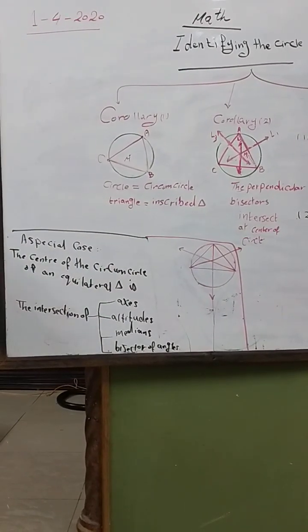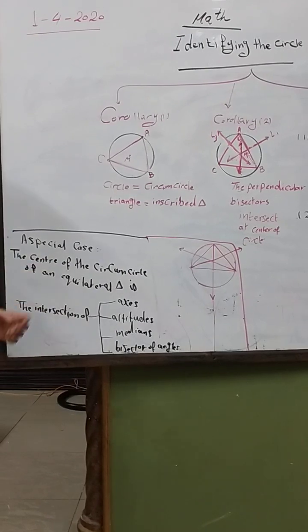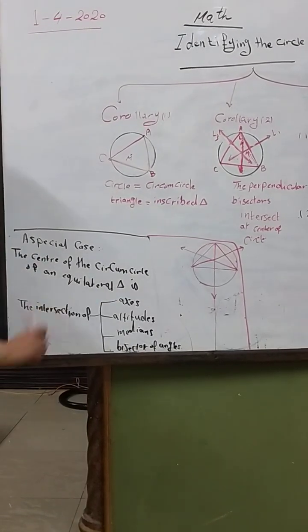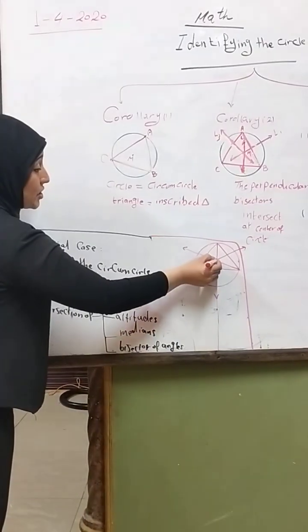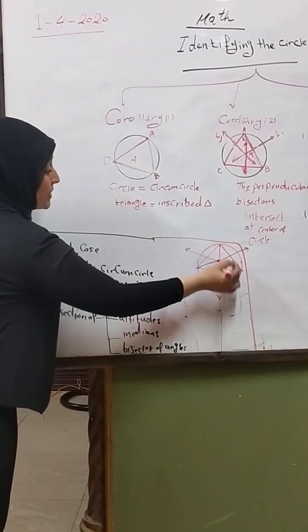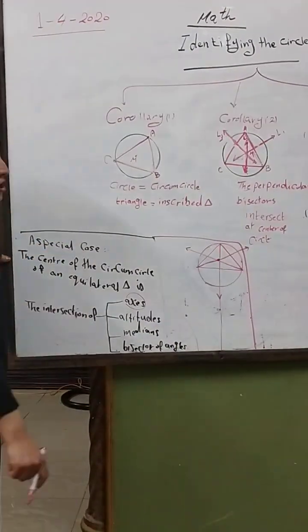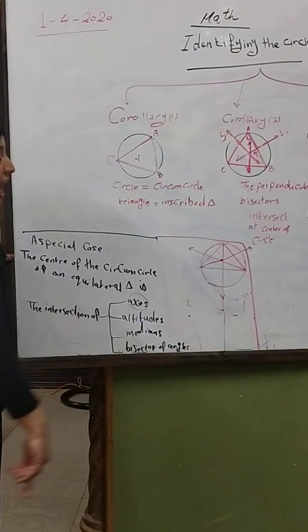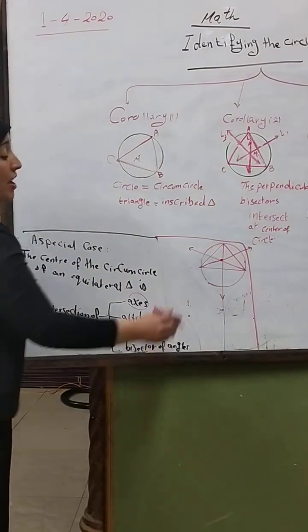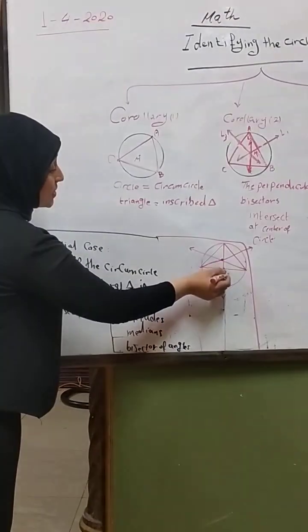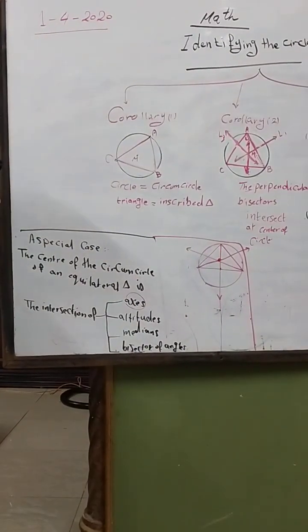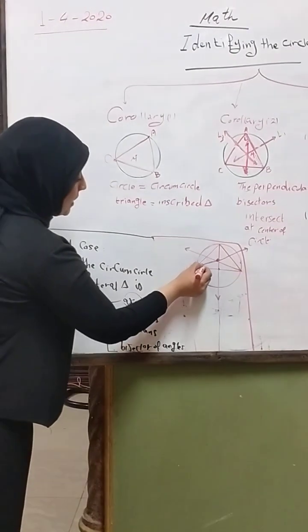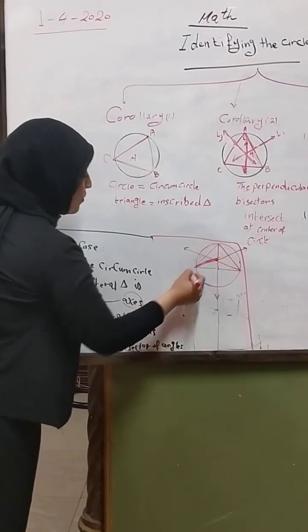If we have an equilateral triangle, the center of the circumcircle of an equilateral triangle is the intersection of what? Of the axes of symmetry, the intersection of altitudes, the intersection of medians, and the intersection of the angle bisectors.